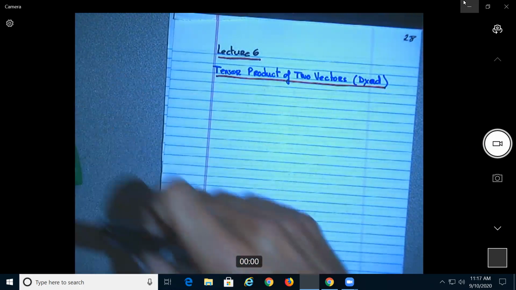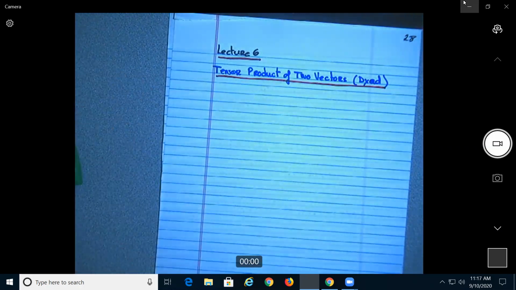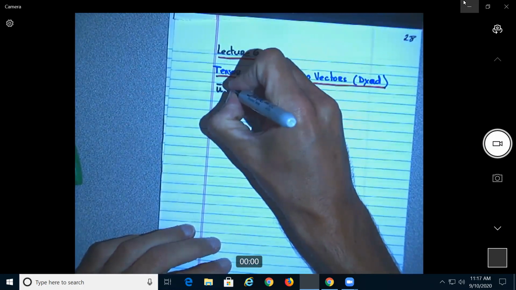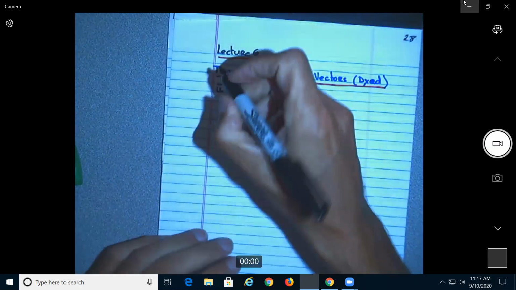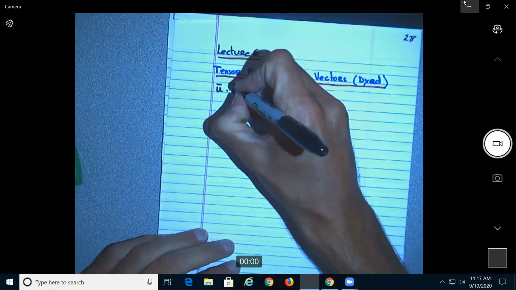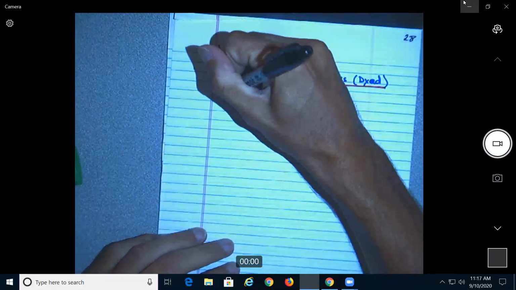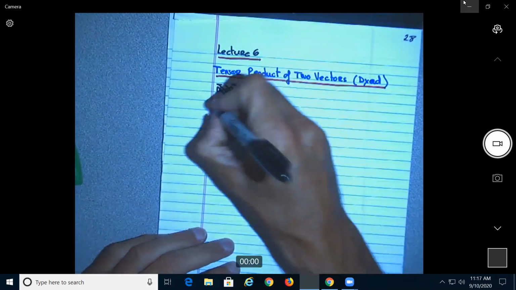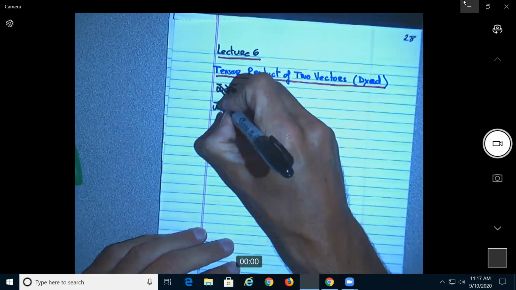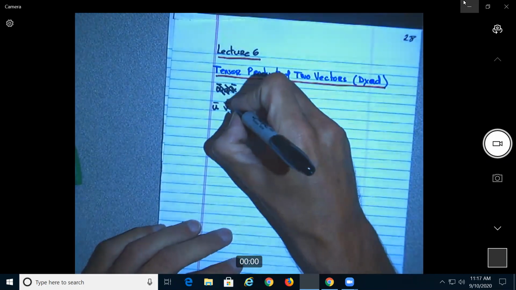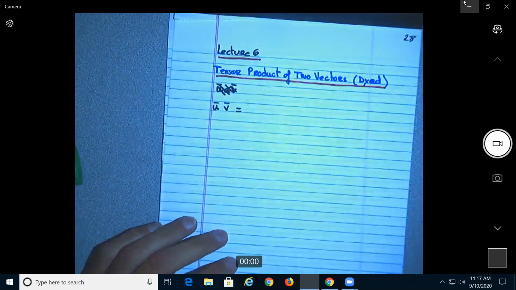Basically, this means that if you have the product of two vectors, let's say u v. No, sorry, not dot, because there's nothing in between, that's the problem. It's u v this way. This is equal to what?